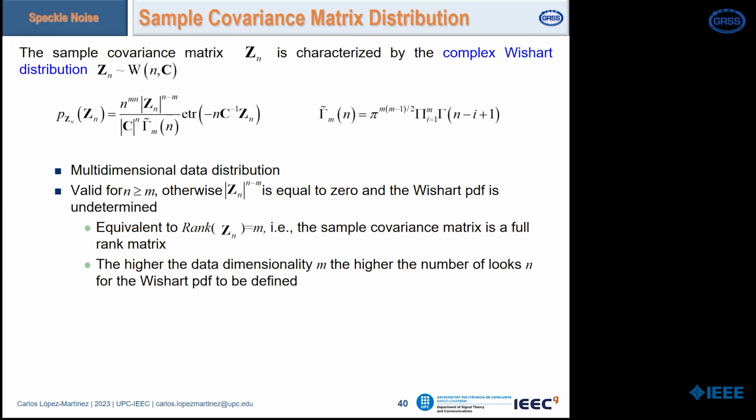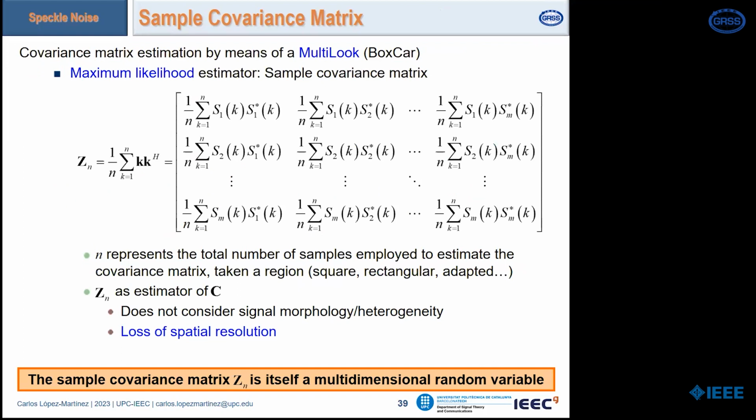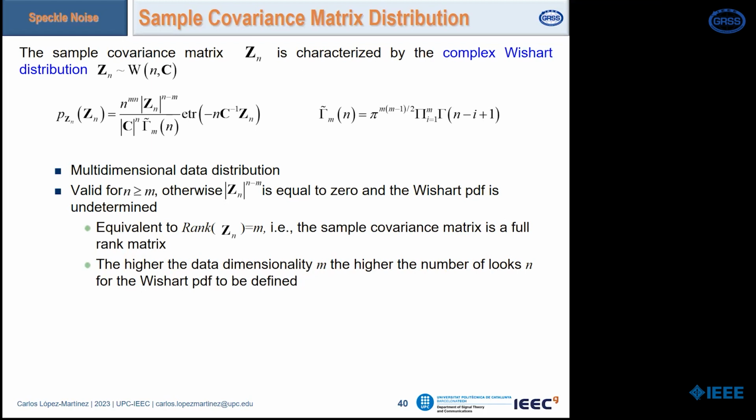So therefore, the statistical estimation in polarimetry only makes sense if I filter more than 3 pixels. If I filter 2 or none, it makes no sense. Indeed, this distribution is not defined. And also the most important characteristic is that this distribution, despite being super complex, depends only on the covariance matrix, on the true polarimetric information. So we don't add new information. Therefore, filtering does not change the polarimetric information because it only depends on this covariance matrix.